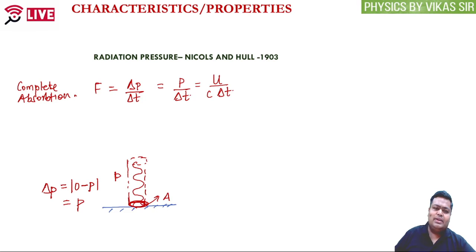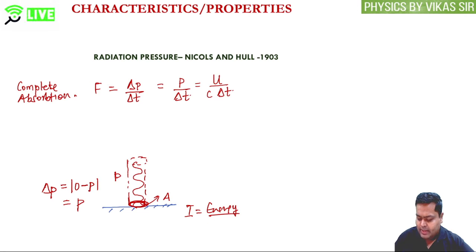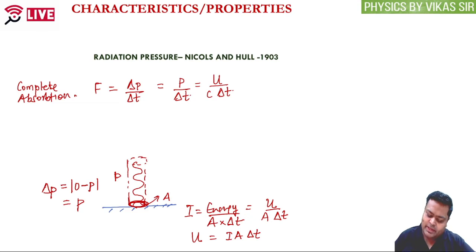Oh, यहाँ से मुझे ध्यान आया about the expression of the intensity. So intensity का expression होता है that's equal to the energy upon area and delta T. So energy that means U upon A and delta T. इसका मतलब मैं U को लिख सकता हूँ यहाँ से I into A into delta T. So I am substituting instead of U as I into A into delta T upon C into delta T. So delta T cancelled है.